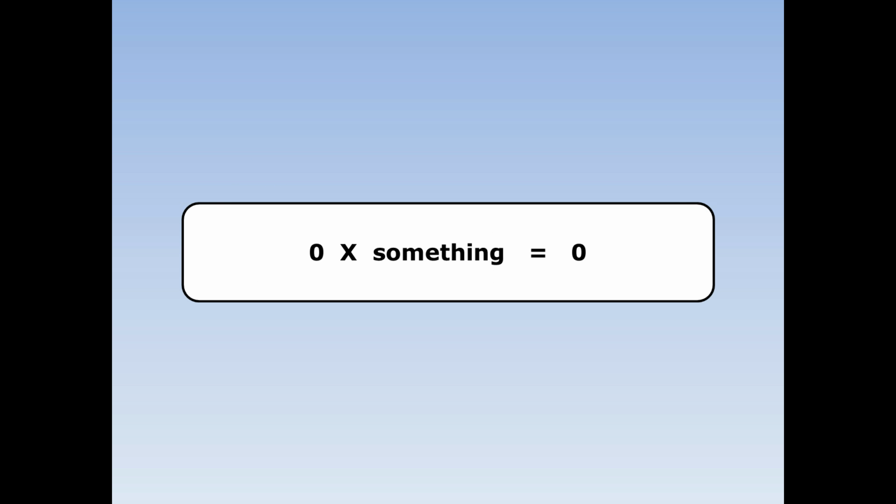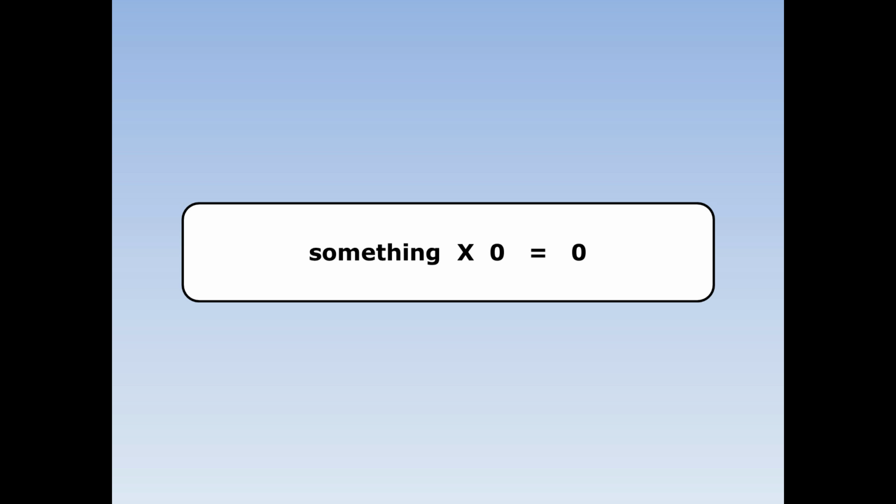Now, before we start solving the equation, let's remind ourselves about something. If I have 0 times something, that's equal to 0. And it doesn't matter what the something is. It could be 100, it could be 1,000, it could be 1,000,000. Similarly, if I have something times 0, that equals 0.